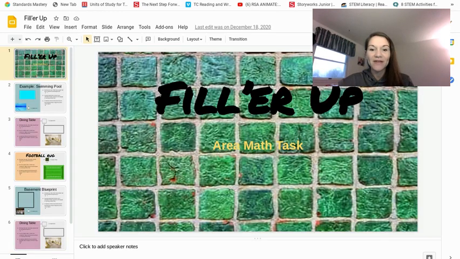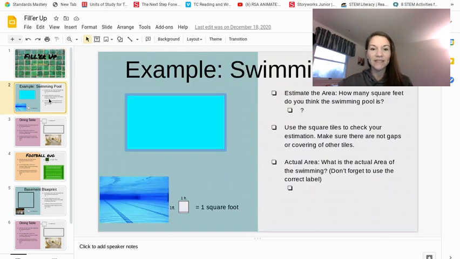In math, you have a task called Filler Up. On each of these slides, you have some sort of shape that you will be looking to find the area of. So remember from yesterday that area is the space inside of a shape.